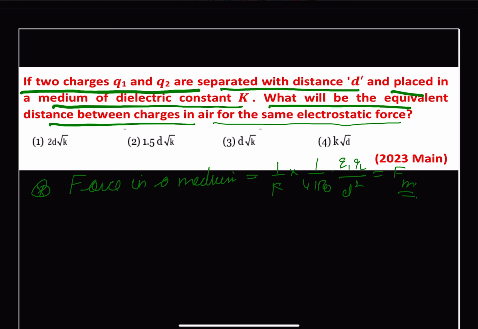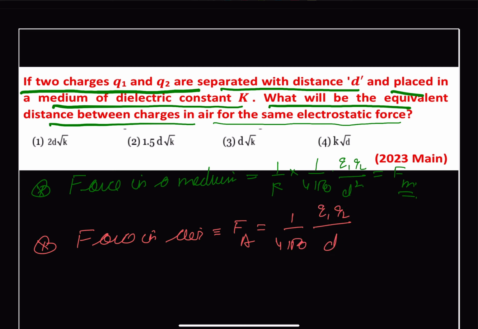And the force in air, call it FA, will be equal to 1 upon 4 pi epsilon naught Q1 Q2 upon d square. We have to find the equivalent distance. Let us suppose this is d equivalent, because the force has to remain the same.